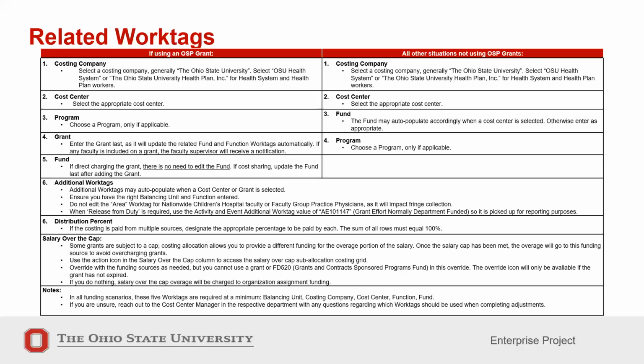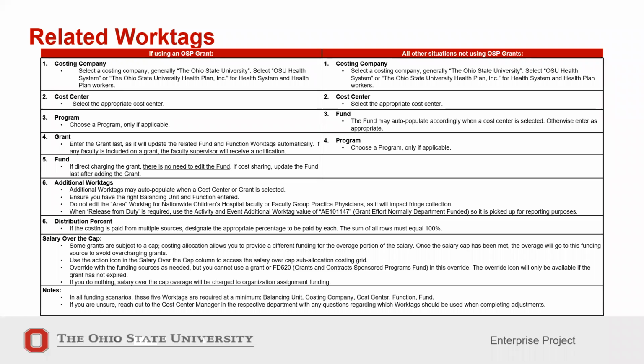It's really important here because of function that if you enter the grant first, and then you were to enter the cost center, you're going to get a critical custom validation error that doesn't let you move forward because the function on the grant should win on the transaction. So if you were to enter things out of order, you will get a message, and it's going to be very clear.